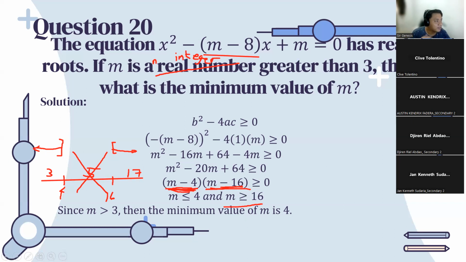Because if we are just to talk about real numbers, then you can have 3.5, right, rather than 4. So yeah, we can use that as integer. So the answer for 20 is 4.